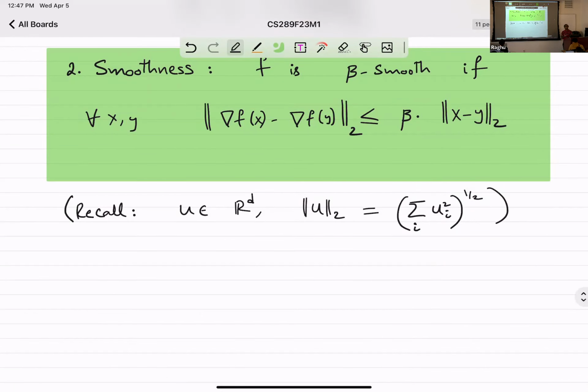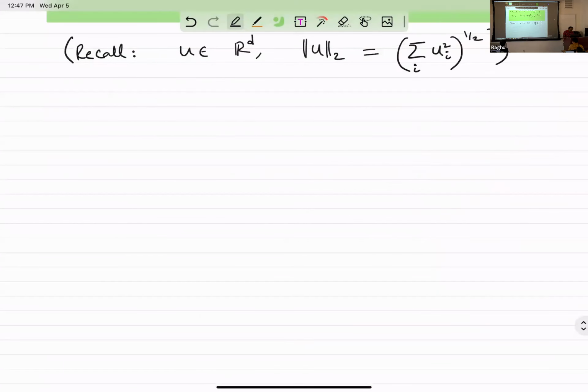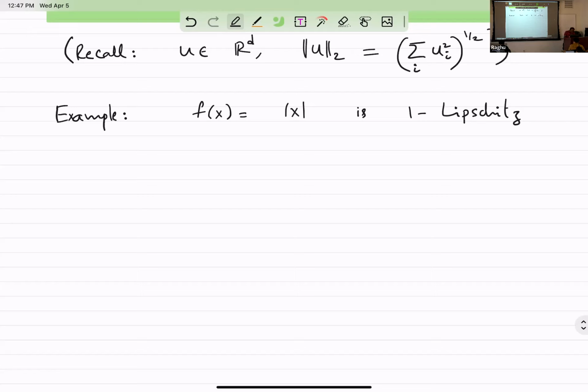Sometimes you might have smoothness without Lipschitzness. Sometimes you might have Lipschitzness without smoothness. As an example, f of x equals absolute value of x, we said is 1 Lipschitz. Small changes in the input don't change the function value much. But it is not smooth.